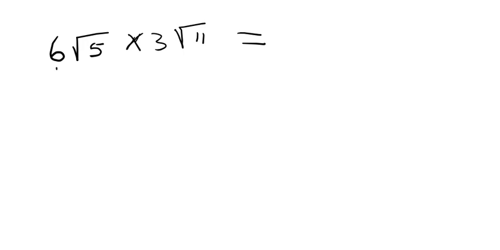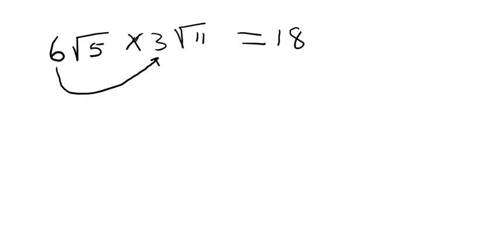Let's take a look at this also. We have 6 root 5 multiplied by 3 root 11. So 6 is going to multiply 3, which is going to give us 18.